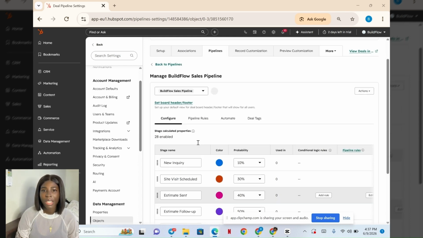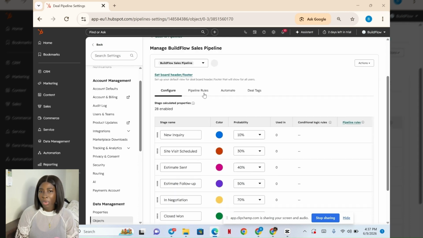Every stage reflects how a specialty contractor actually sells. The estimate sent and follow-up stages are where most deals die silently, and separating them gives us visibility into exactly where opportunities are stalling.